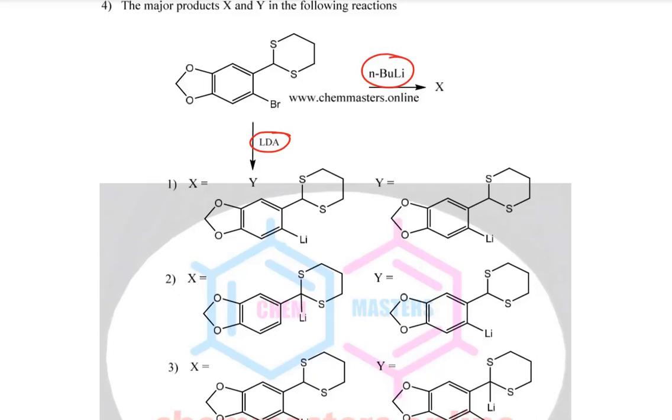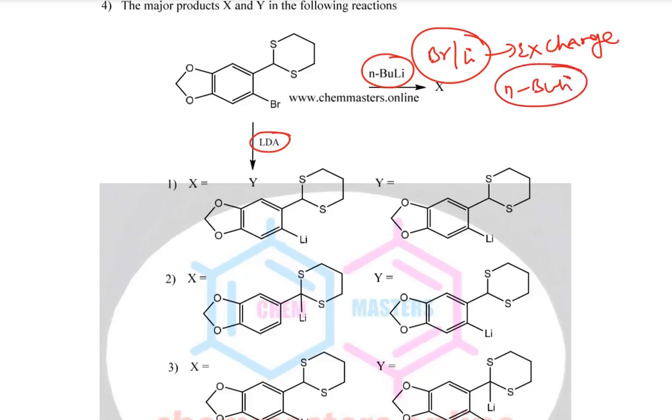Simply remember that bromine-lithium exchange is observed, which is popular with n-butyl lithium base. So in the right side equation, we can say that bromine-lithium exchange takes place. Here is the lithium.